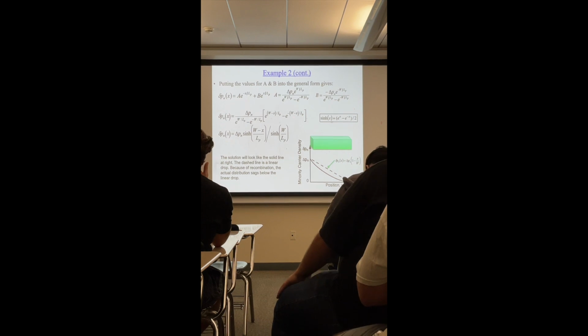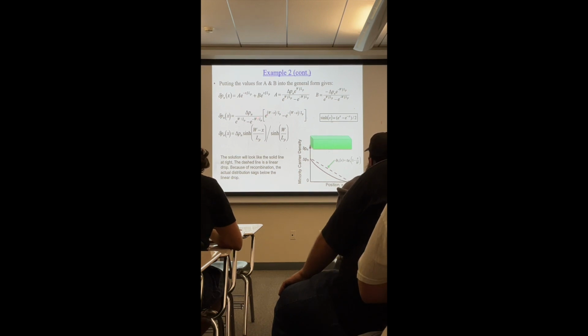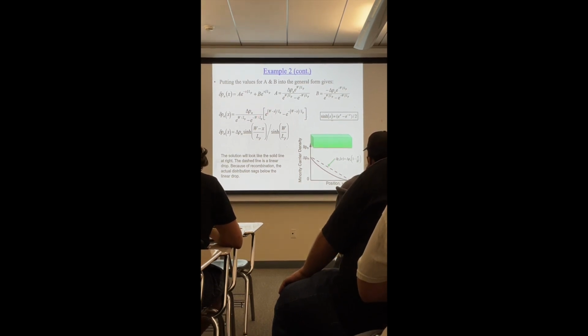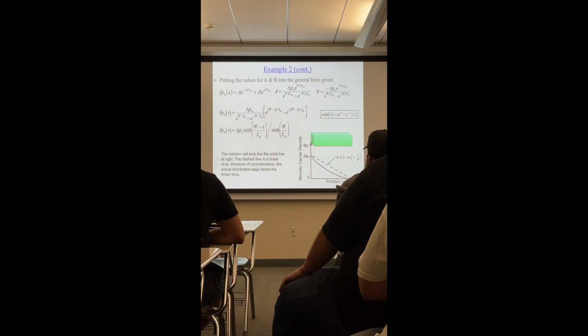This term can be written as a sinh function. The sinh function is the exponential of x minus the exponential of negative x, over 2. So we can rewrite these two terms as sinh functions.